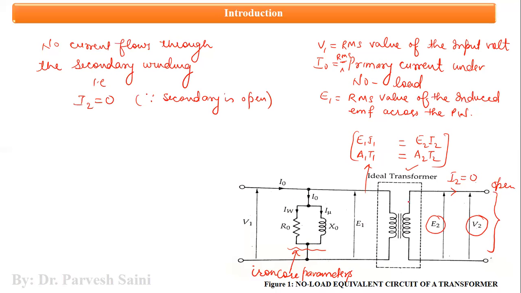Now, when there is no load and no current flowing in the secondary winding, in the primary winding also the current that flows will be minimum. This phenomenon results in the minimum current flowing in the primary winding.